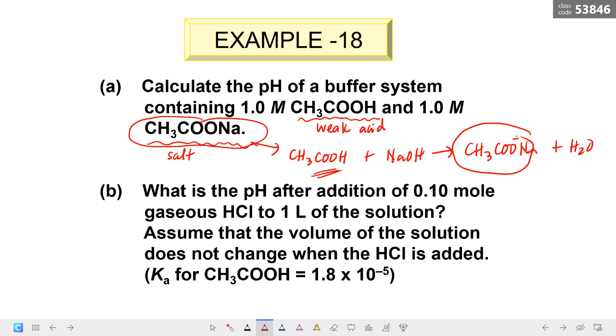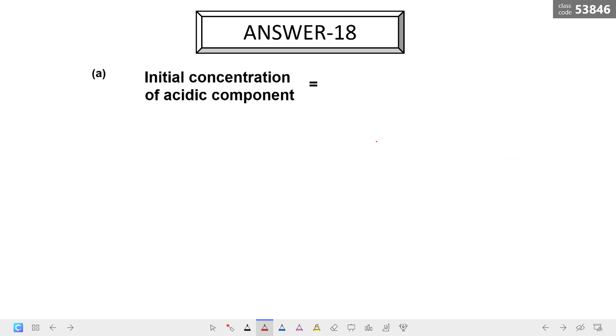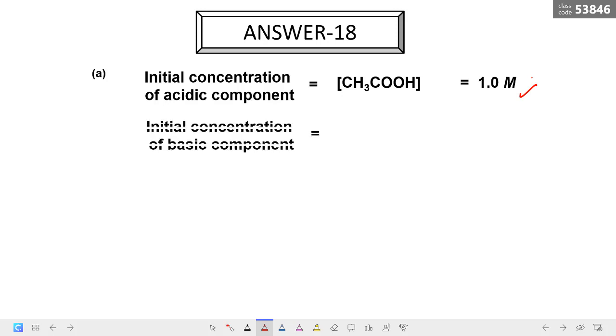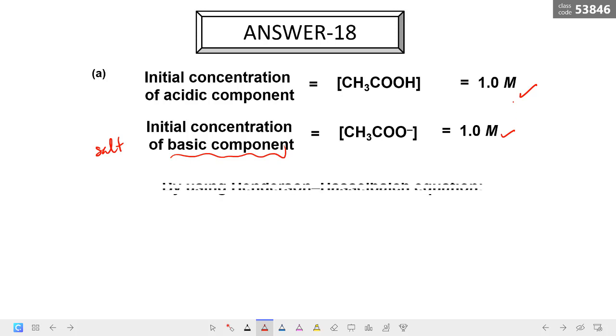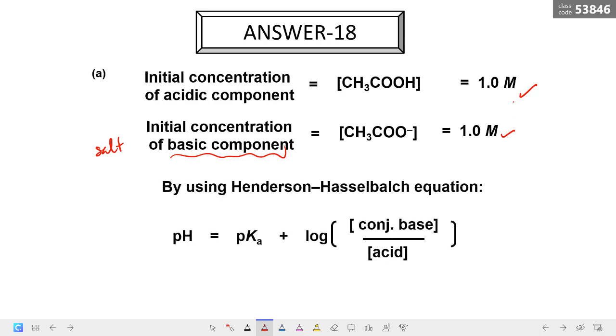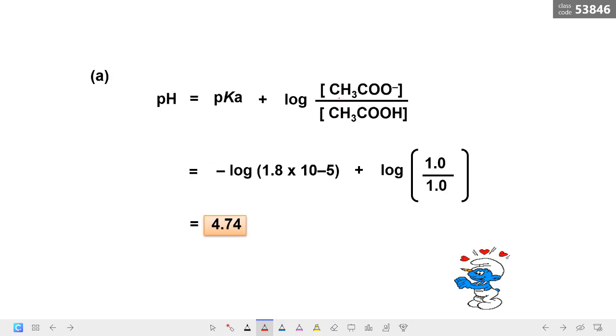So, untuk menyelesaikan itu, of course, kita akan gunakan Henderson-Hasselbalch equation. This is the initial concentration of the weak acid, which is 1.0 molar. The initial concentration of the basic component ataupun salt tu, okay, salt dia berapa? 1.0 molar also, right? Given in the equation. And by using the Henderson-Hasselbalch equation, okay, gantikan sebutan yang betul di sini.